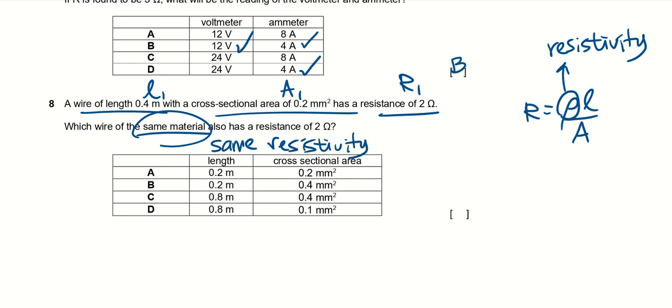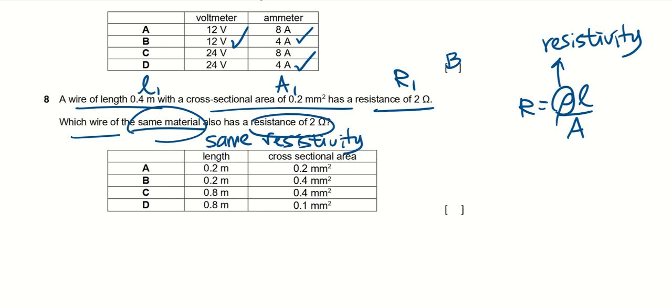Okay, so they ask which wire has also a resistance of 2 ohm. So let's take a look. That means they are going to have the same resistance, so R1 should be equal to R2.